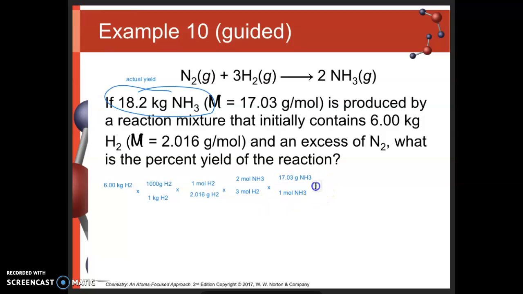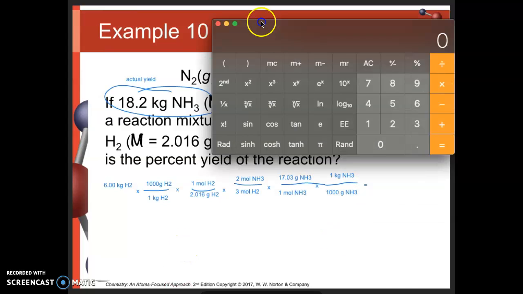And then finally, we're going to have to input one more conversion. 1,000 grams of ammonia is equal to 1 kilogram of ammonia. And so let's draw in our lines here just to show that these are all fractions. And let's pull in our calculator.